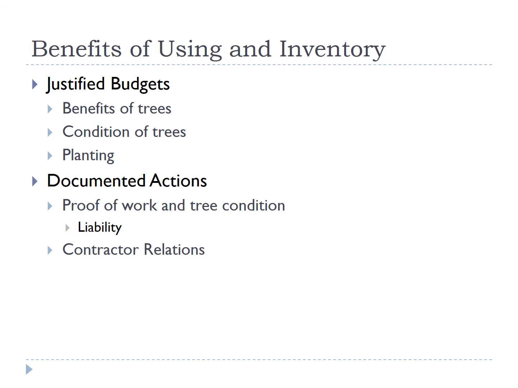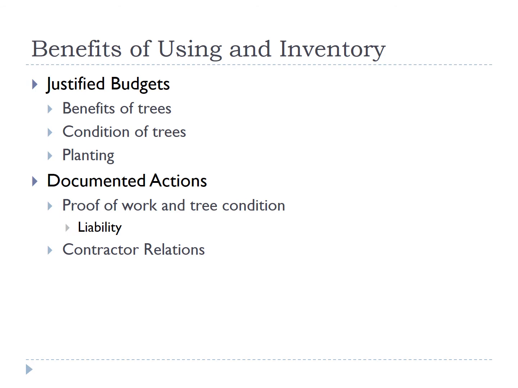Having a good understanding of the condition of those trees also helps. If you've got a lot of older trees that are going to need more maintenance, or you're looking at training a whole bunch of trees, you can build that into the budget, and it's more justifiable when it comes time to pass that budget. The same goes for planting: if you've identified areas that have a lot of needs for planting, you can put that in the budget.